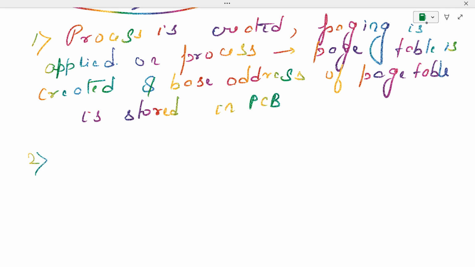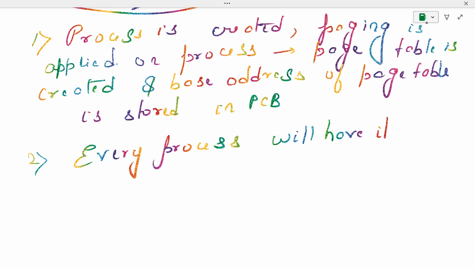Every process will have its own page table. This is very important. For each process, whenever it is created, paging is applied and a page table is created, and the base address will be stored in the PCB of that process.